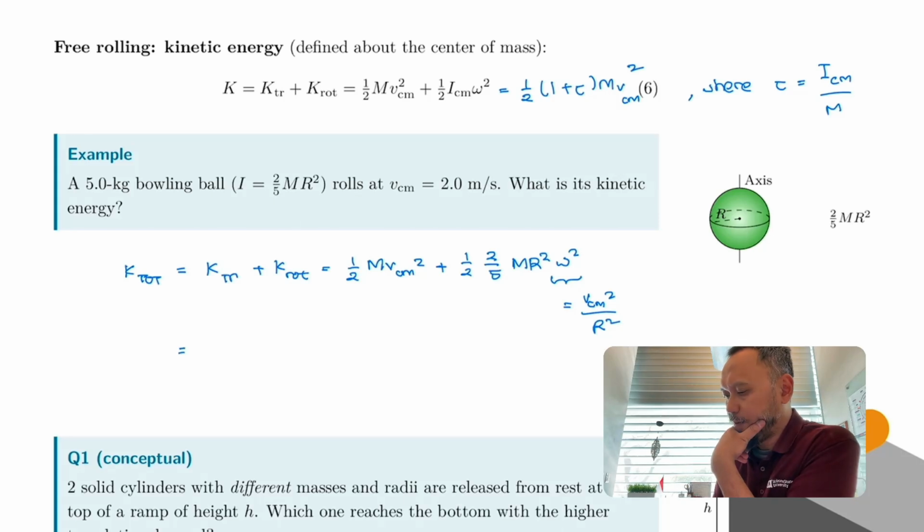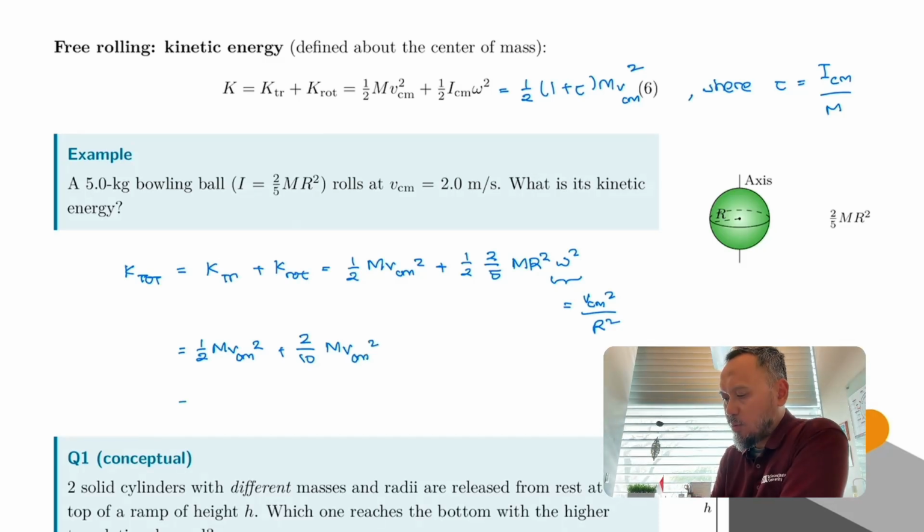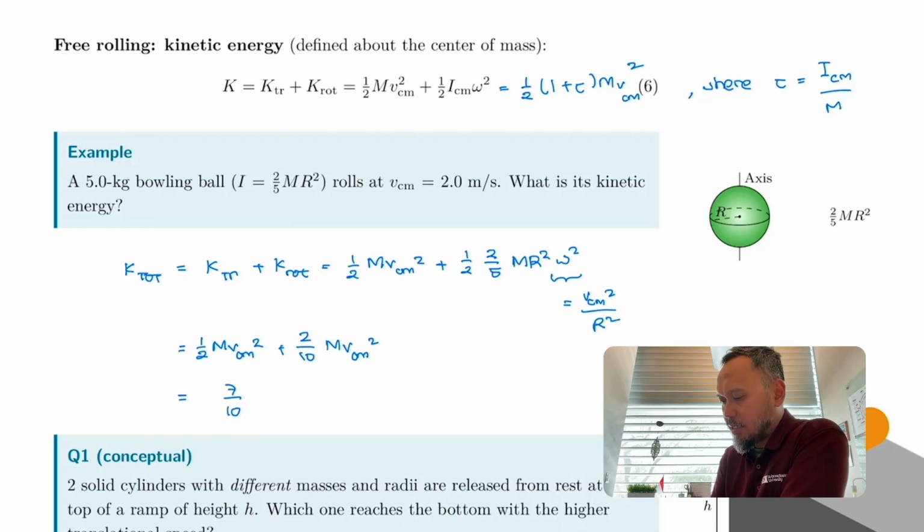Then we have 1/2 m v squared plus 1/5 m v squared, because this r cancels the other r squared. So 1/2 is 5 divided by 10, so the total is 7/10 times m, the translational speed of the center of mass, squared.